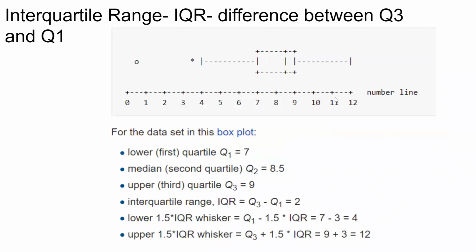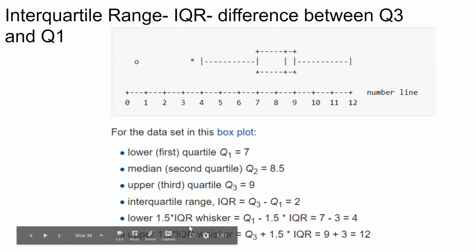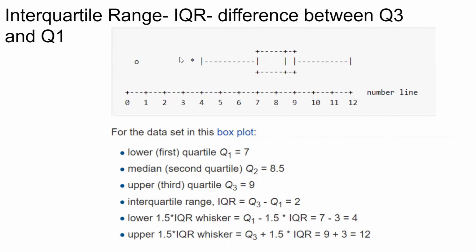Now in JMP, you're going to see something that looks a little more like this, where these little whiskers here, it doesn't show you the full range of scores. It shows you an interquartile range where they do some math and they multiply the interquartile range by 1.5 and basically say that anything outside this range after multiplying it by 1.5 might be considered an outlier.